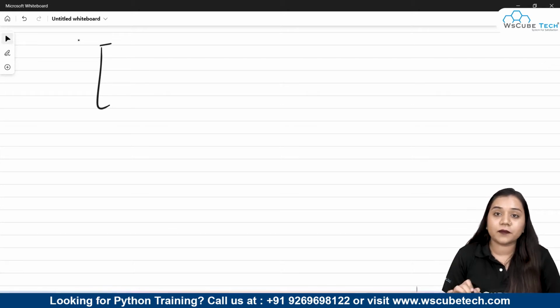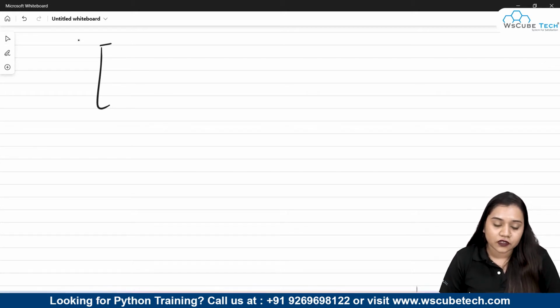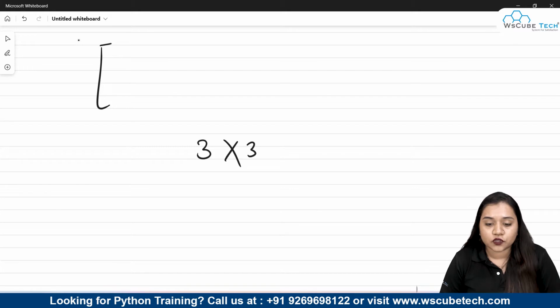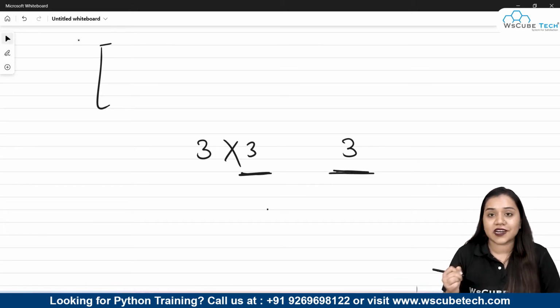For matrix multiplication, we need to take care of one thing. Suppose we have a matrix of 3 times 3; the second matrix should have one thing in common. The number of columns in the first matrix should be equal to the number of rows in the second matrix.